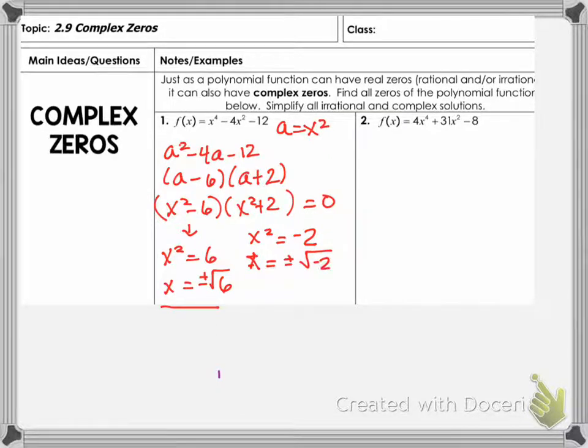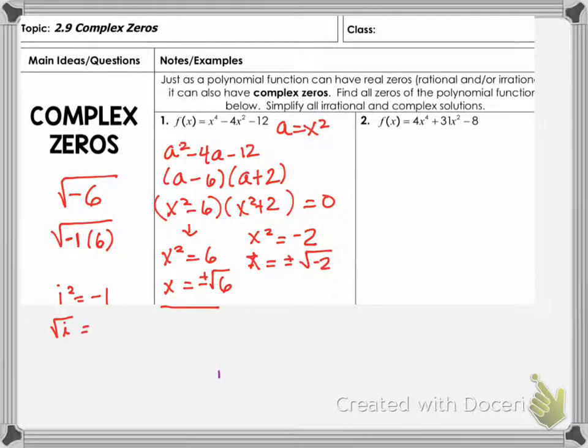Now you might be wondering, what is i? I'm going to refresh your memory over here. Say we have the square root of negative 6. We can call this an imaginary number if we remember that we can write negative 1 times 6, and i squared equals negative 1.